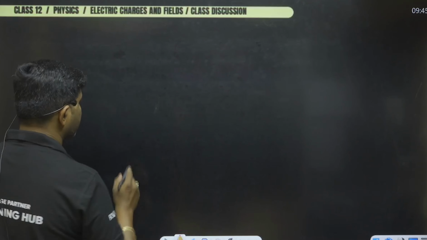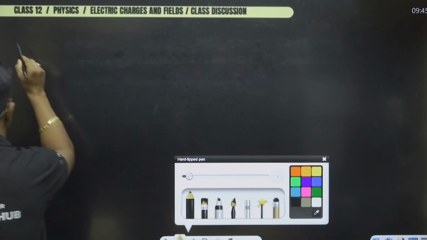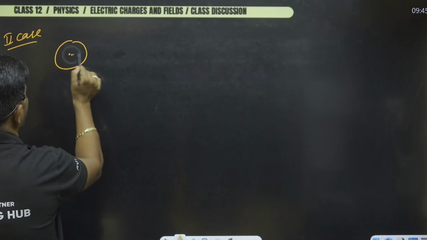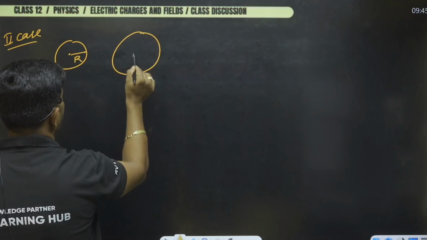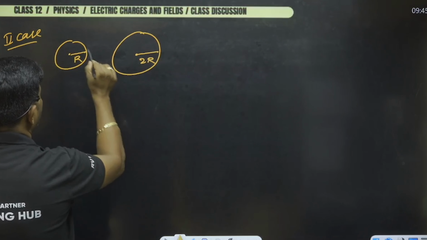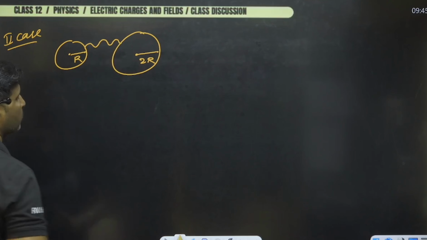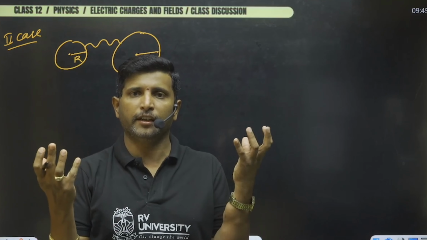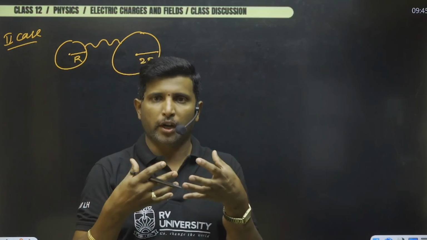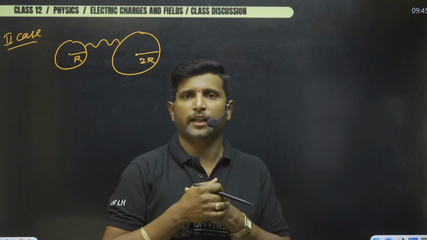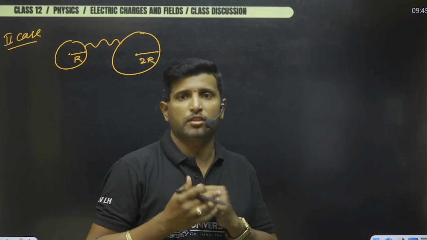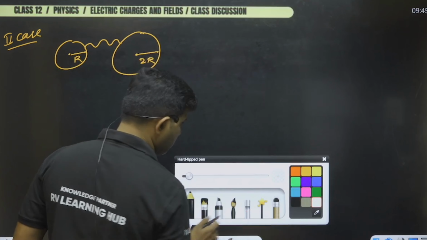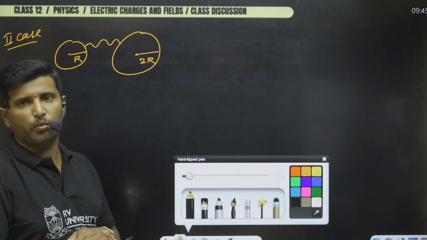Now the second case. These two spheres are joined by a metallic wire. What happens whenever two spheres of different radii and different charges are joined together, placed in contact, is that they share their charges until the potential of both the spheres becomes equal.